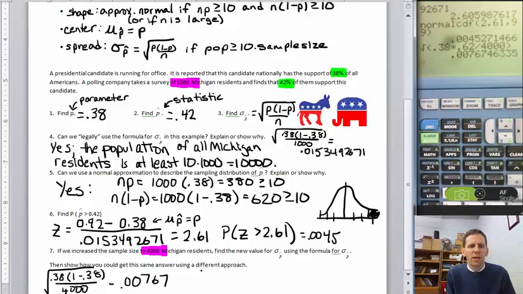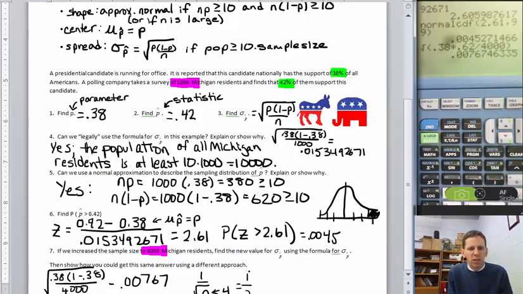So since we've multiplied our sample size by 4, remember in our standard deviation formula, if this number changes by a factor of 4, square rooting the 4 has the same effect as multiplying your standard deviation by a half. So that's what happens here.